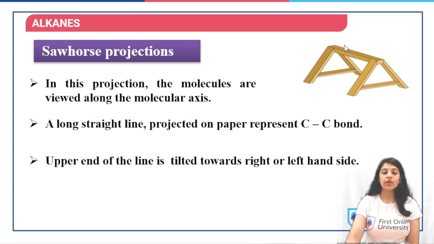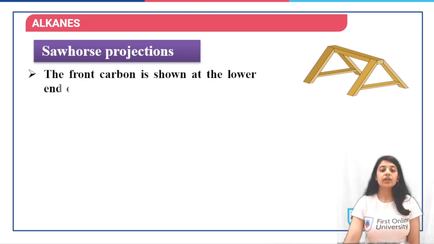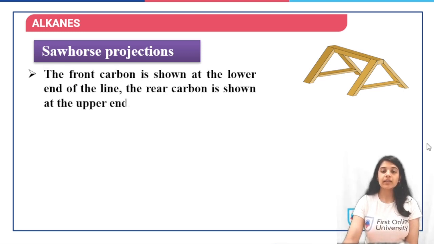The upper end of the line is tilted either towards the right or left hand side. The front carbon is shown at the lower end of the line, and the rear carbon at the upper end. So it's like we are drawing a line like this.